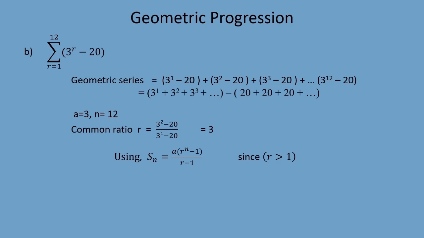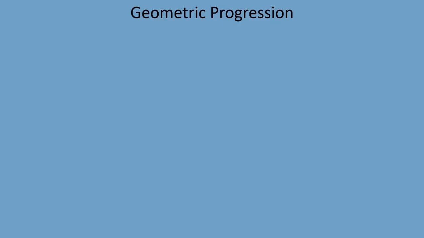Substituting the values of a, r, and n we get this. Minus 20 appears 12 times, so minus 20 into 12. Simplifying, we get 797,160 minus 240, which is equal to 796,920. We get 796,920 as the answer.